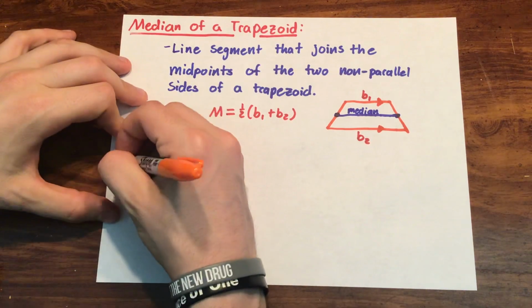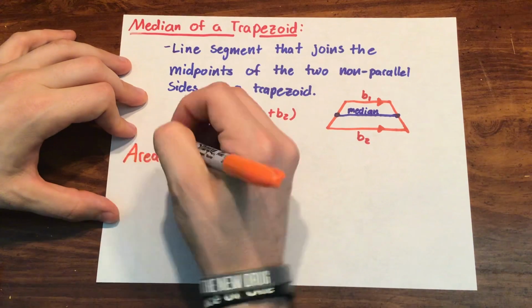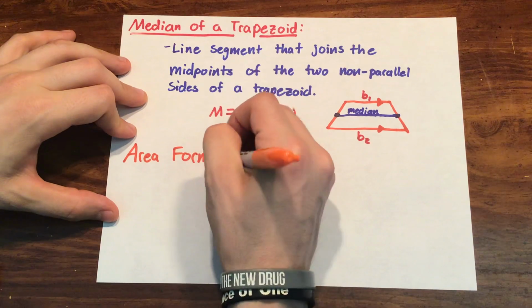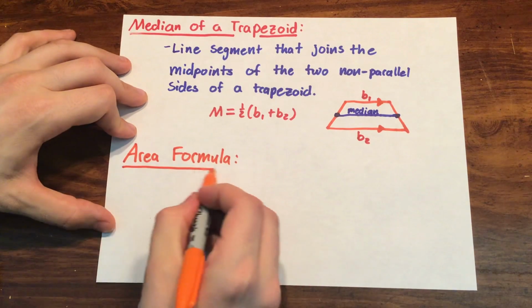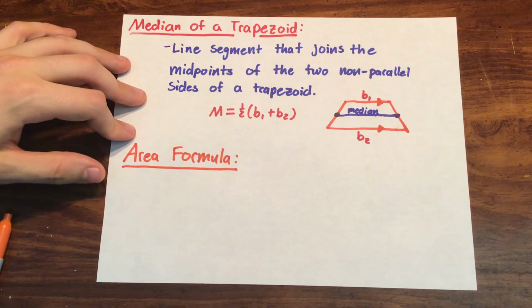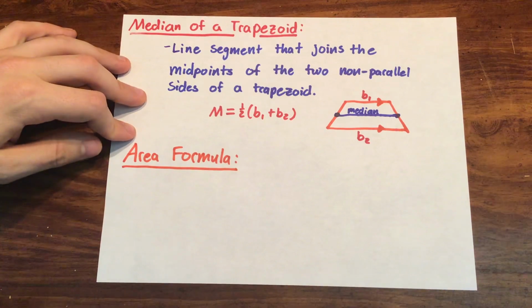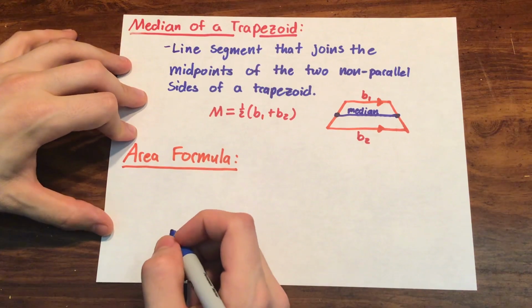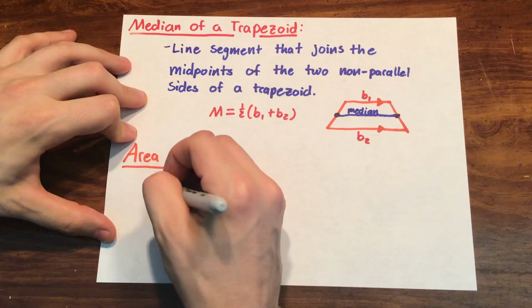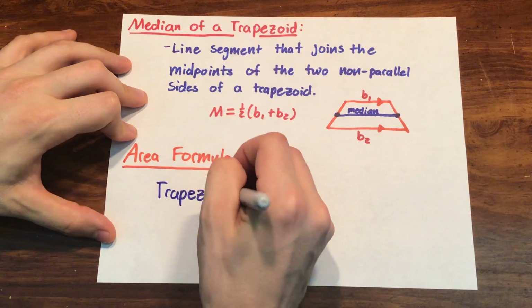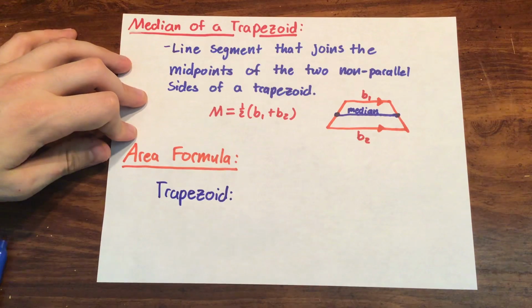Now let's jump into our area formulas, or area formula, since we're only going to talk about one formula for today. And you guessed it, we talked about the median of a trapezoid, so we're going to talk about rhombuses today. Nah, I'm just kidding. We're going to talk about the area of a trapezoid. Talk about the area formula for a trapezoid.